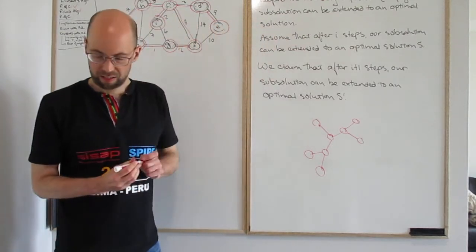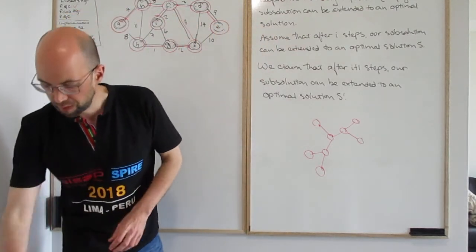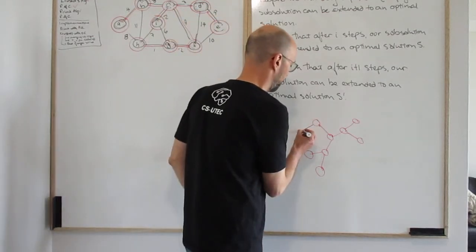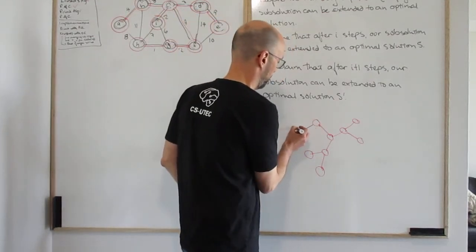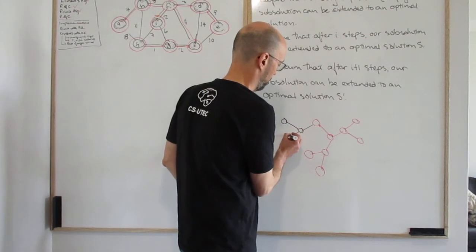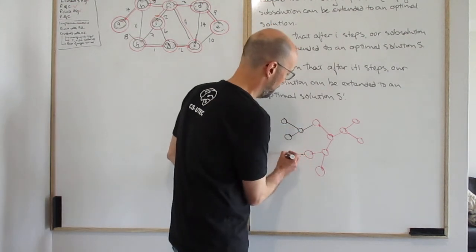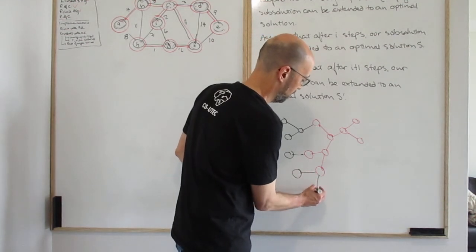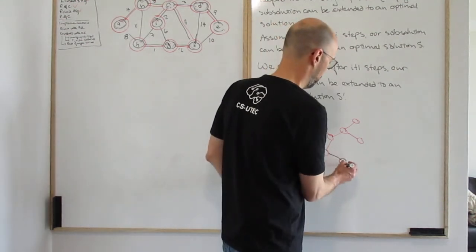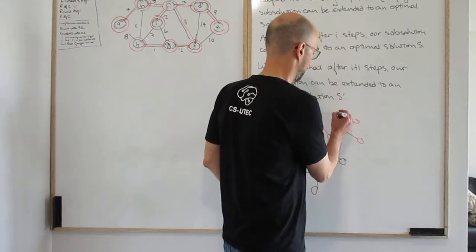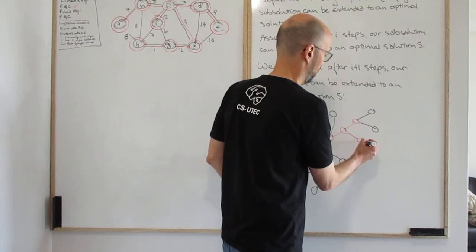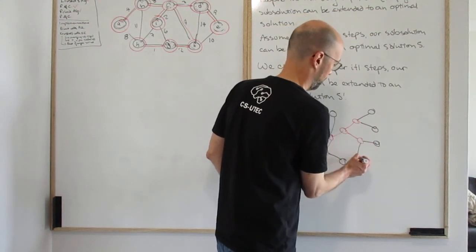And then, suppose that after i steps, S extends our solution so far to a minimum spanning tree like this.